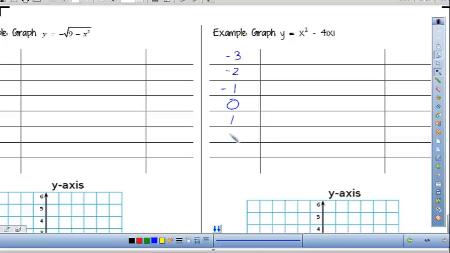Then we'll do 1, 2, and 3. Everybody pick a different value, so that we don't have to spend too much time calculating these, and see what you come up with, and then we'll plot these together. And I'll do just a few examples here.